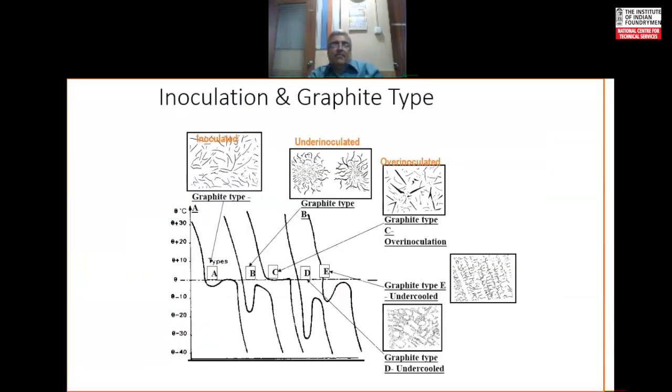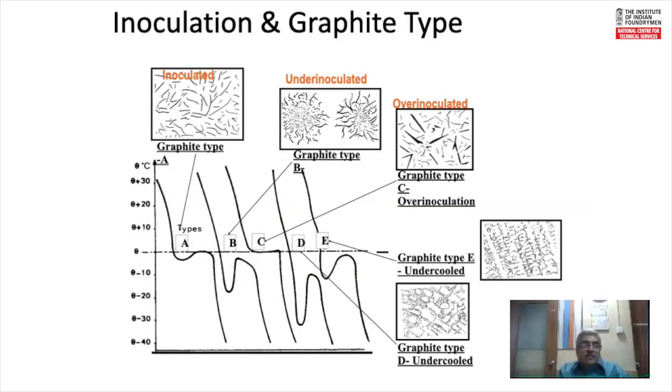Now a few words on inoculation and graphite type. Earlier we had seen A, B, C, D, E types of graphite. This is a picture which I pulled out of, I think, Osego's handbook. So for A type of graphite, you have well nucleated iron, good carbon equivalent, slow cooling rates, and well nucleated means the degree of undercooling is less.